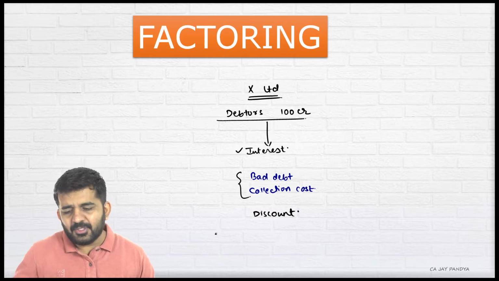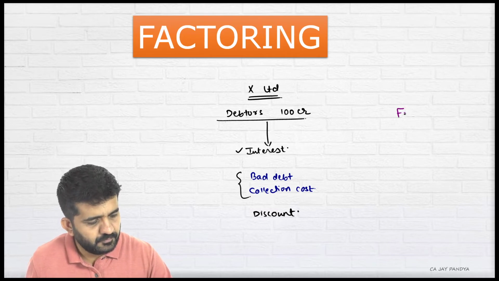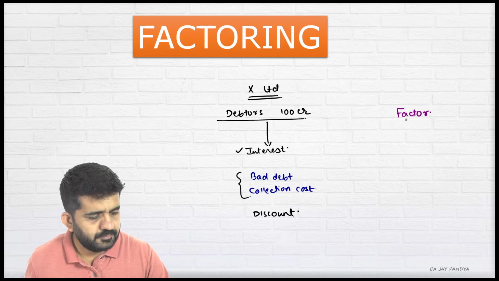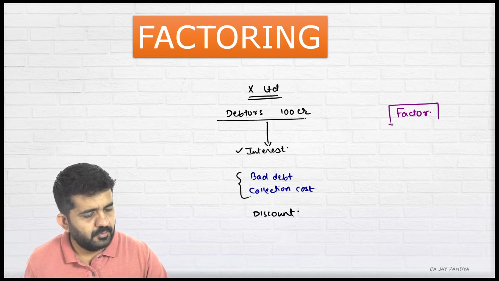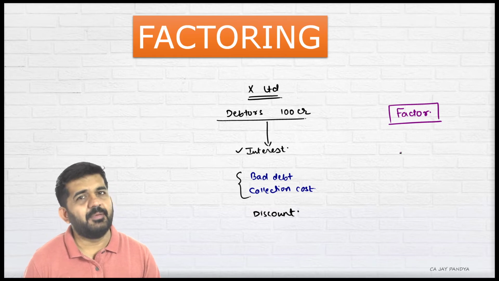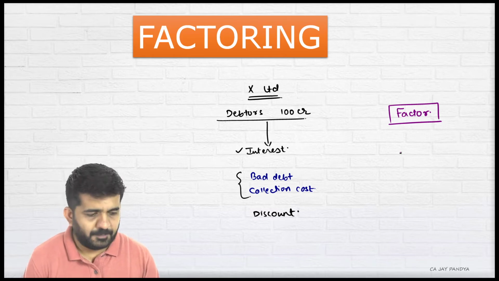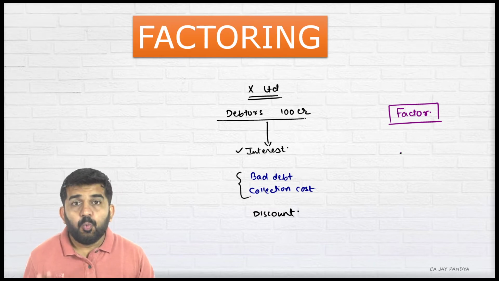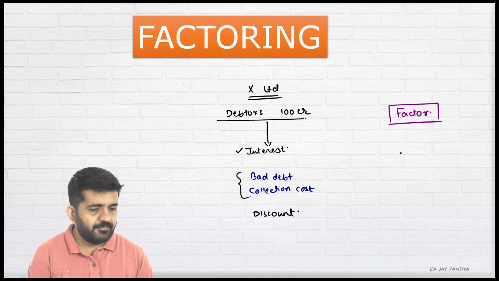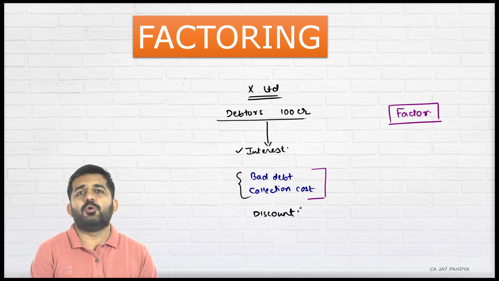So there comes a company or arrangement, a factor. He might be an individual, a partnership firm, or even a company. What a factor does is this. The factor says to me, you don't worry about this.